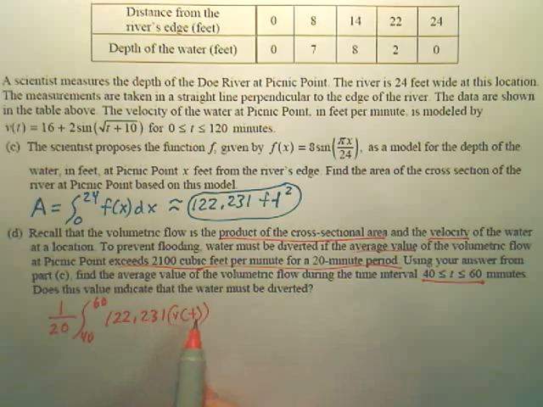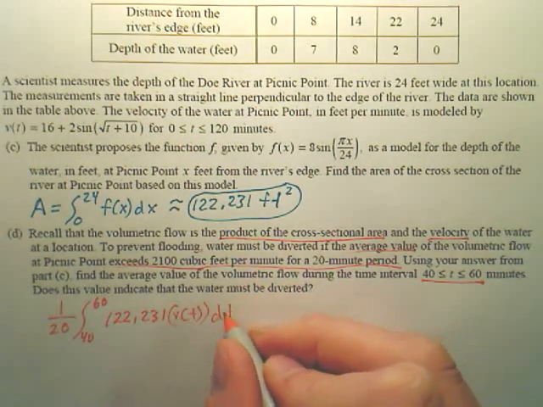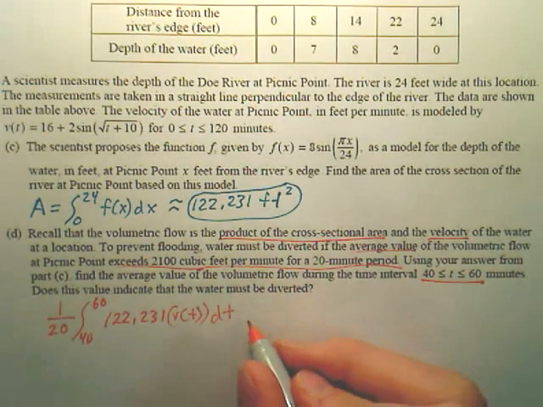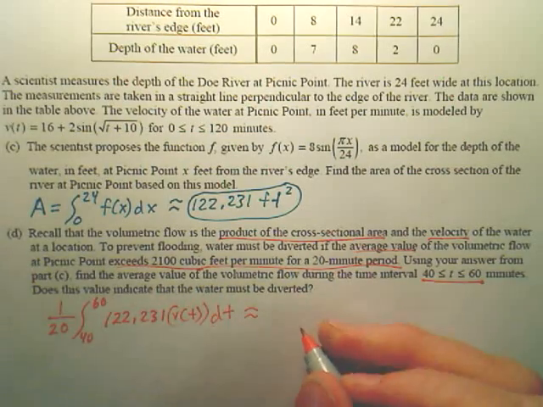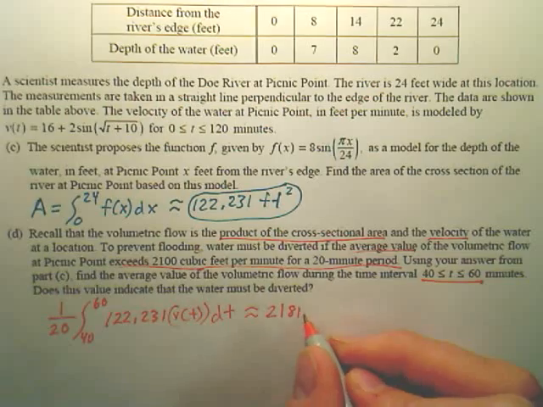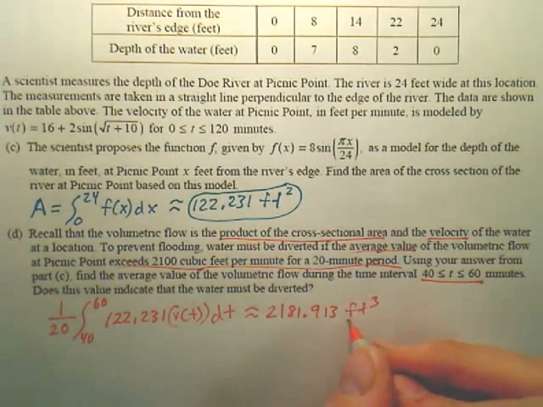So won't it be that number times v of t? Won't that be dt? Now could you do that on your calculator? Yeah. When you do that on your calculator, you get 2181.913 cubic feet per minute.